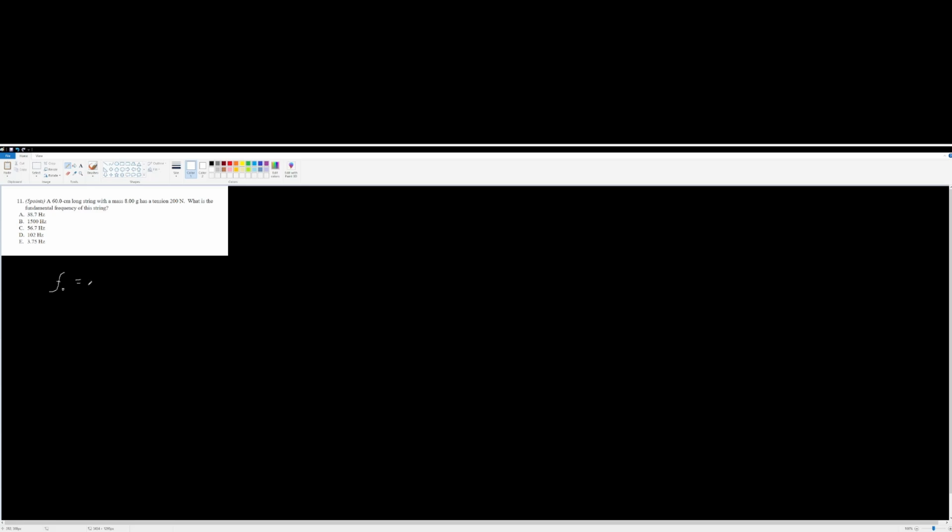And you should be given in your formula sheet that this is equal to 1 over 2 times the length times the square root of the force due to tension, F sub t, over mu. And what mu is, it's the linear mass density of the string. So essentially, if you have a string, it's the density of mass of this entire string.